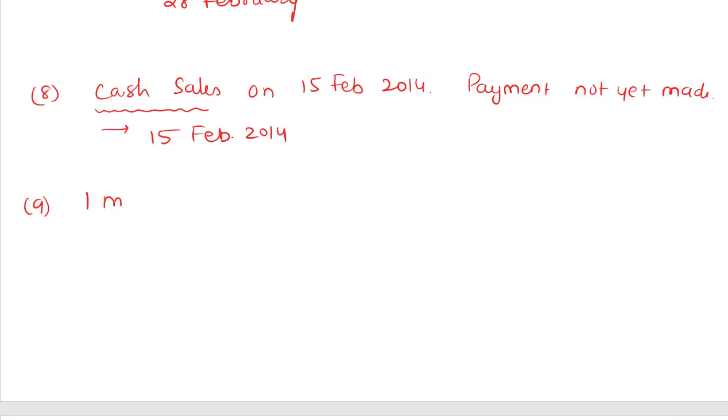Next case, 1 month credit sale on 15th Feb 2014. So 1 month completes on 15th March. The due date is 15th March. This is not a bill, so grace days will not apply over here. I believe you understood. Let us continue.